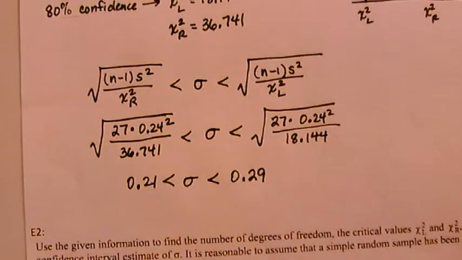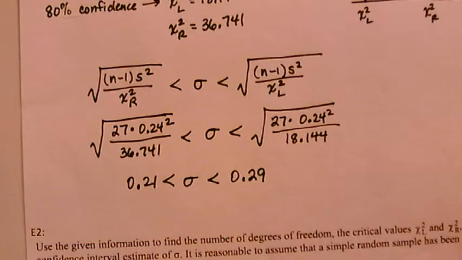Meaning this: we are 80% confident that the true standard deviation of the amount of nicotine in menthol cigarettes falls between 0.21 milligrams and 0.29 milligrams. So we're dealing with the true standard deviation of the amount of nicotine in menthol cigarettes.